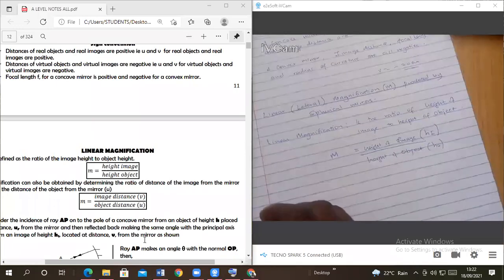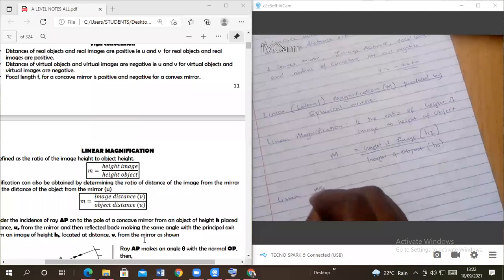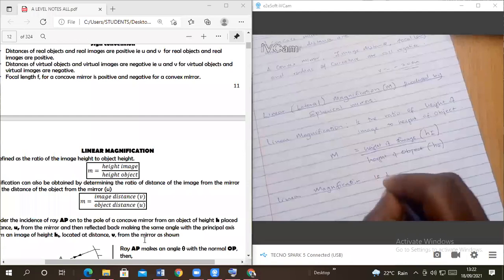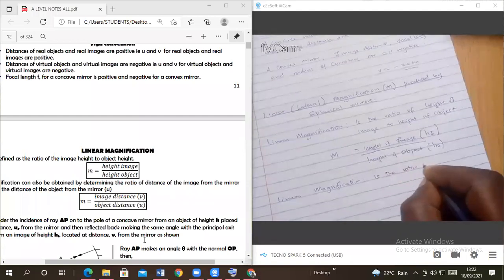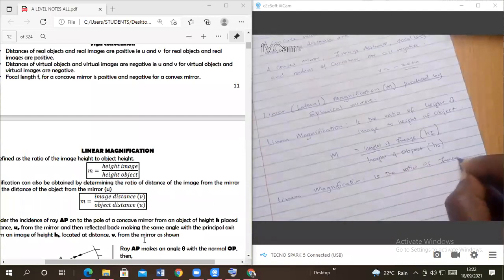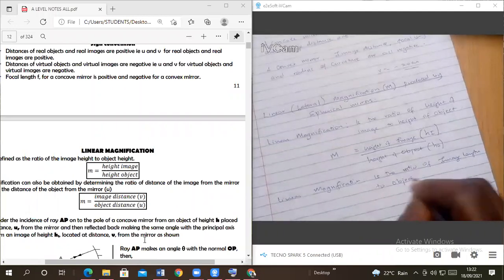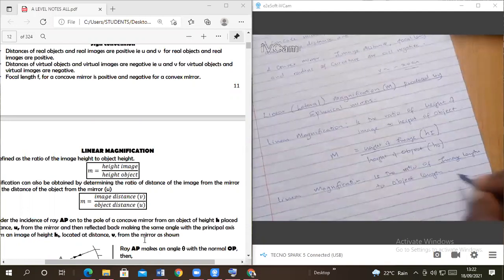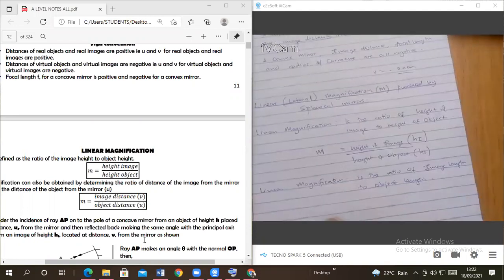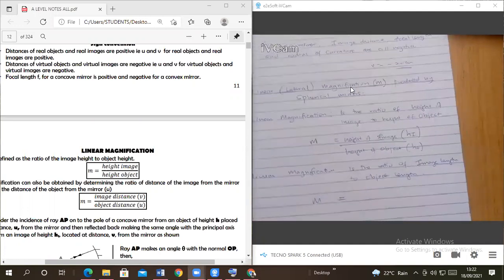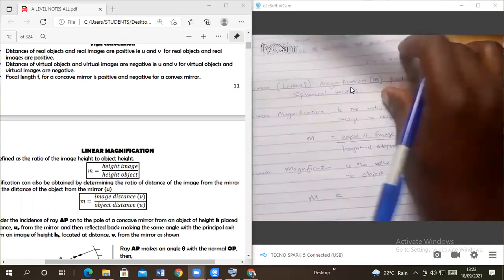Let me write that one down: linear magnification, and I will tell you when it is used, is the ratio of image length to object length. Normally this happens when we are looking at an object which is lying along the principal axis. It is not vertical, but it is lying along the principal axis.